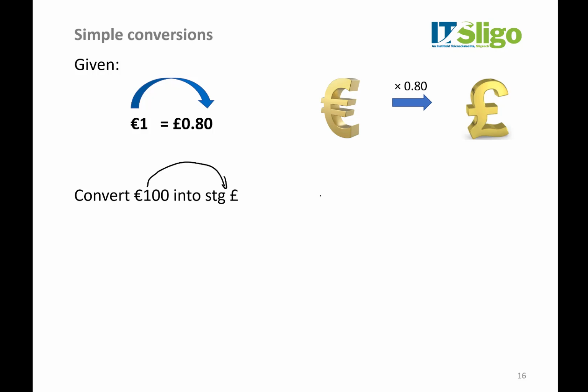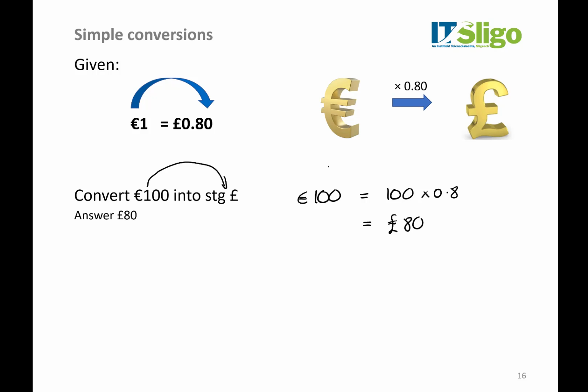So in this case, I'm going to have 100 euros is equal to 100 by 0.8. So in this case, that's going to give me 80 sterling.